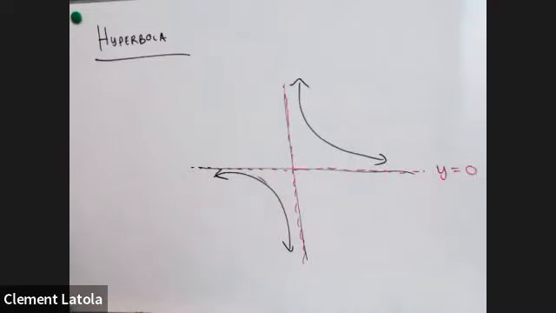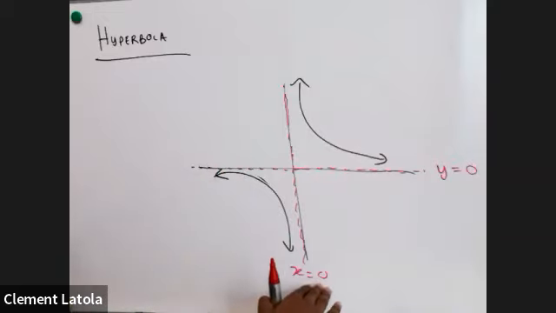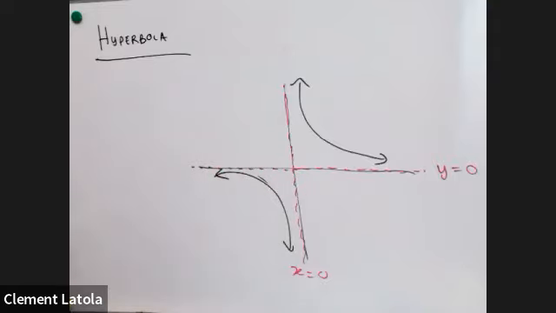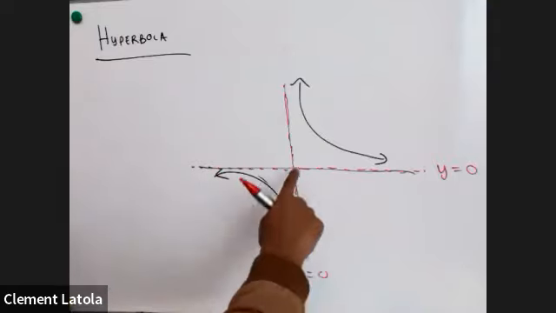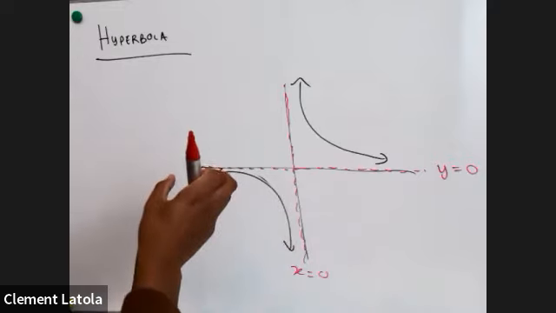This vertical asymptote is on the y-axis, and it has the equation x equal to 0. Again, if the graph moves either left or right, then the value of this asymptote will also change to either positive or negative. So if it moves to the right, then this asymptote will be positive. If it moves to the left, then the asymptote will be negative.